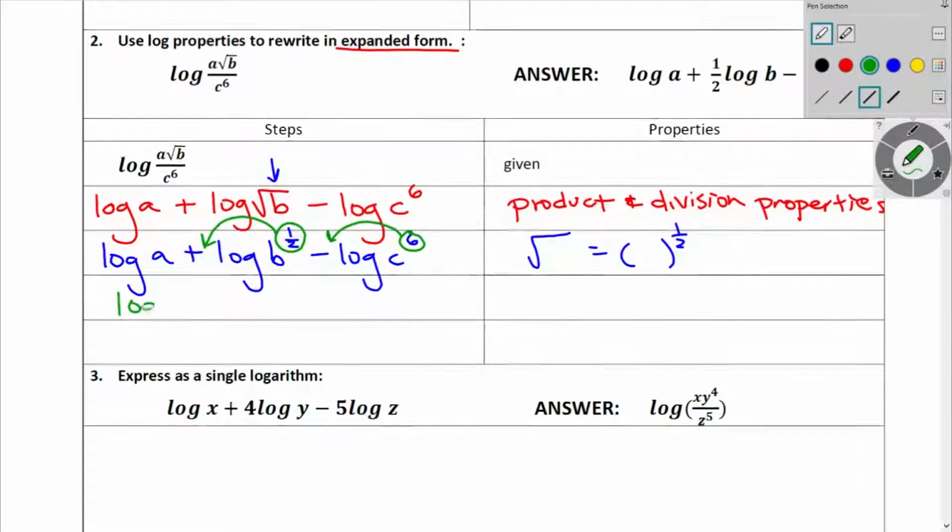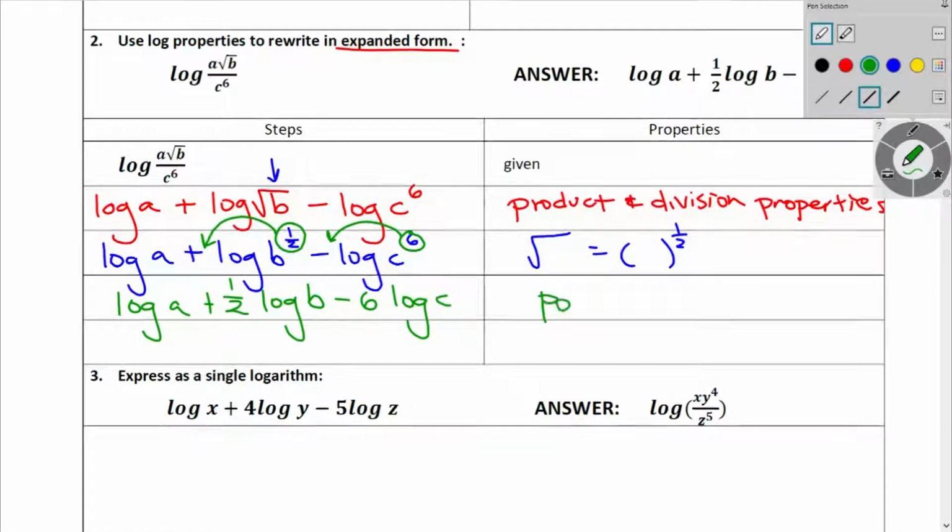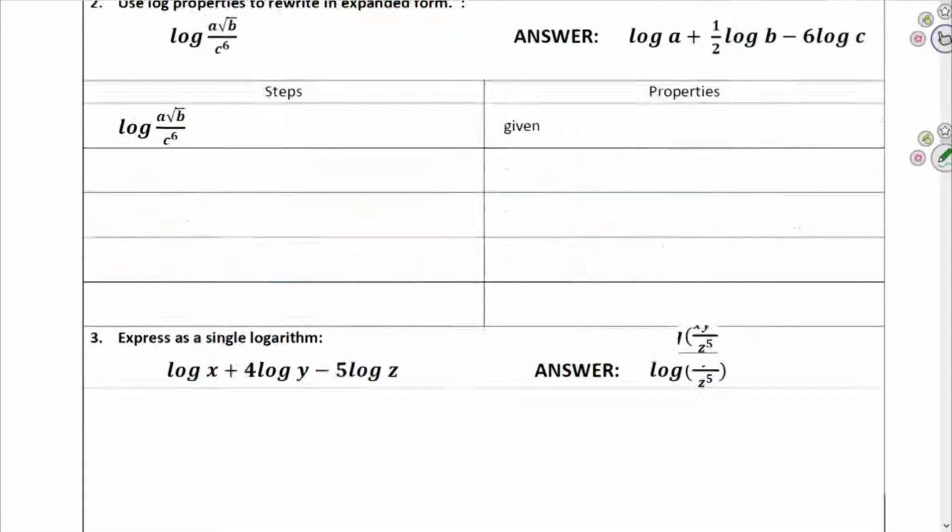And I get the log of a plus 1/2 the log of b minus 6 times the log of c. Okay, and that's using the power property. By the way, it'd be good practice to take that expanded form and put it back into a condensed form to see if you get the same thing back. You should be able to go backwards and forwards with this once you get better at it.